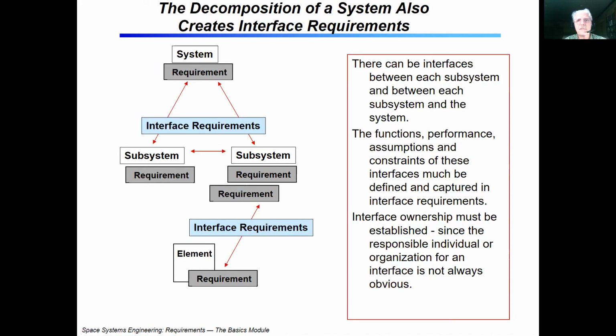actually are. All right. Also remember that in addition to functional or performance requirements, there are interfaces between your systems. For example, software is going to have an interface to your hardware, right? It's going to have the ability to read an ADC, or it's going to have to have a capability of flipping a switch under command.